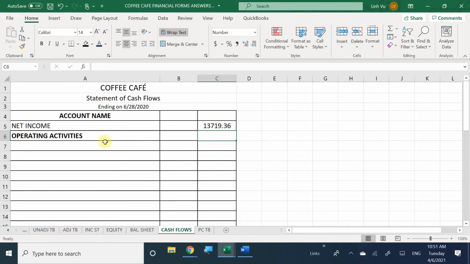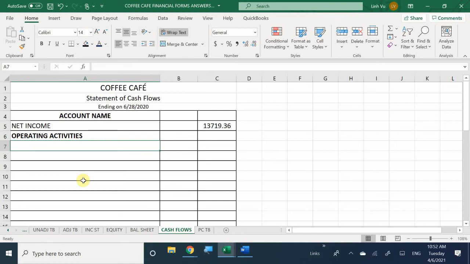The first line of business when we're dealing with our operating activities is our non-cash transactions. So what is a non-cash transaction? Anything that's a bad debt, anything that's depreciation, amortization included, and anything that we recognize as a loss.